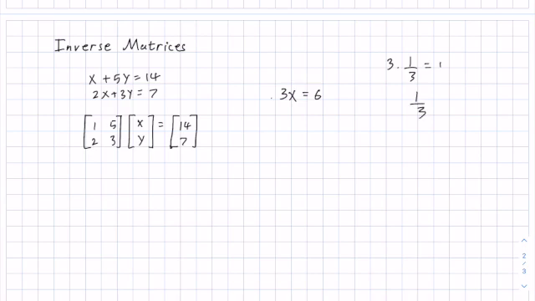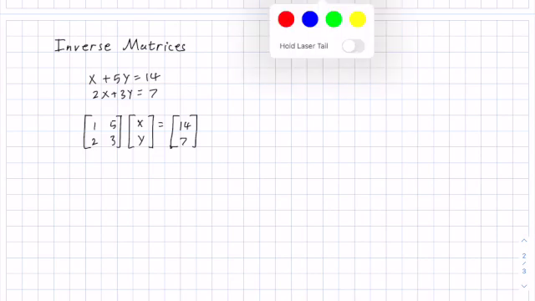So if we multiply both sides by 1 over 3, we'd still get the same result. x is equal to 2. So that's what we've got to do over here. It's the same thing. We have to multiply both sides by the inverse of this matrix so that we can isolate the variable.